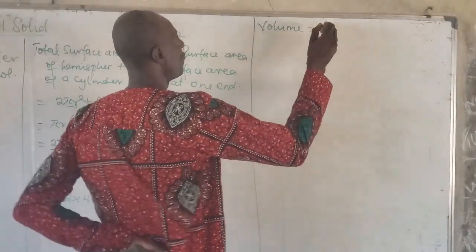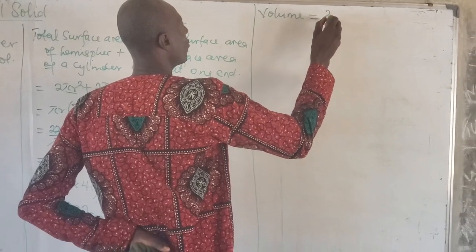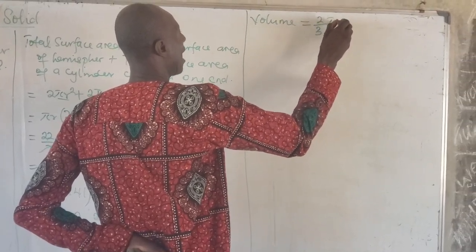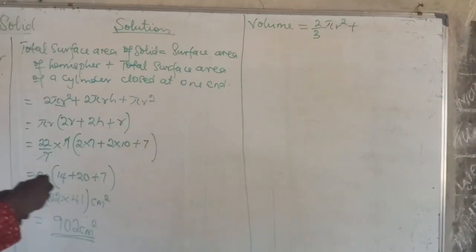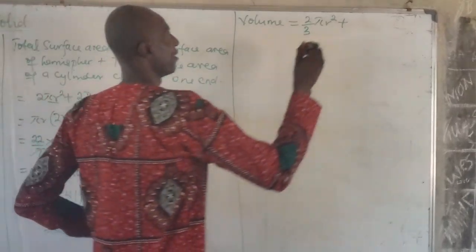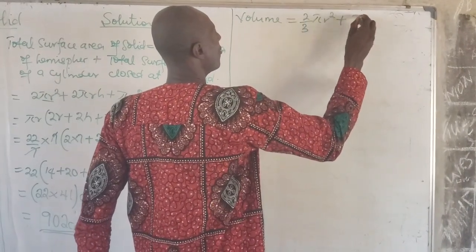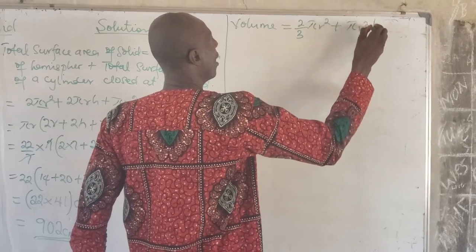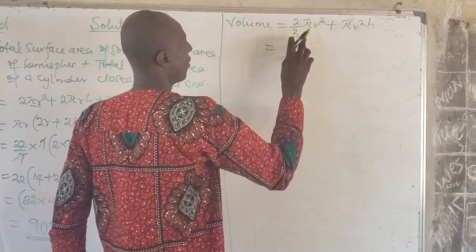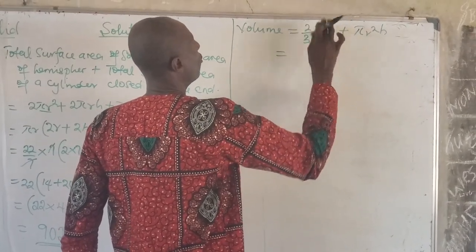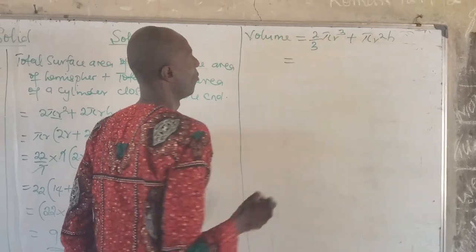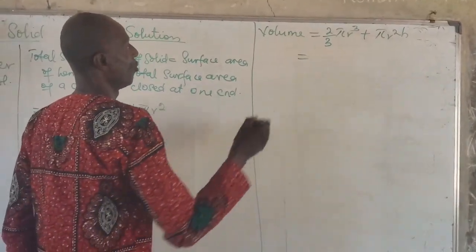So the volume of a hemisphere is 2/3 pi r cube. What is the volume of a cylinder? The volume of a cylinder is pi r square height. So let's factorize pi r square here. Take note, it's not square, it's cube when we talk about volume.